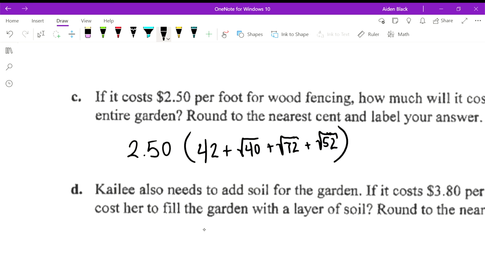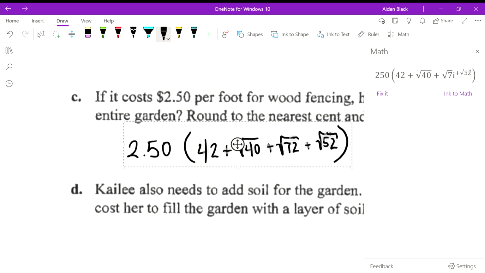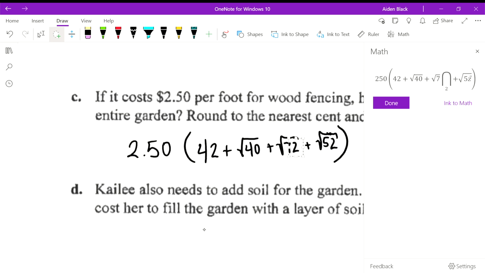So let's see if this will calculate that. Pretty close. Nope. Okay, cool. And then this one.